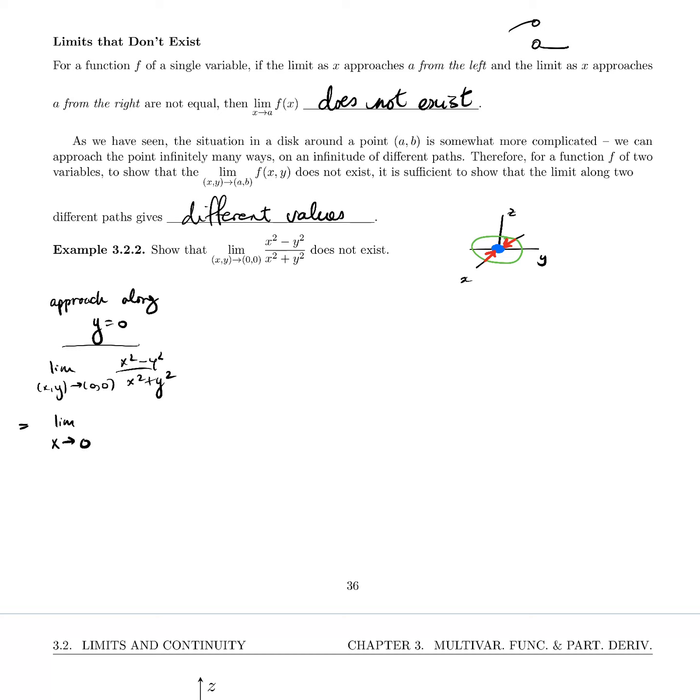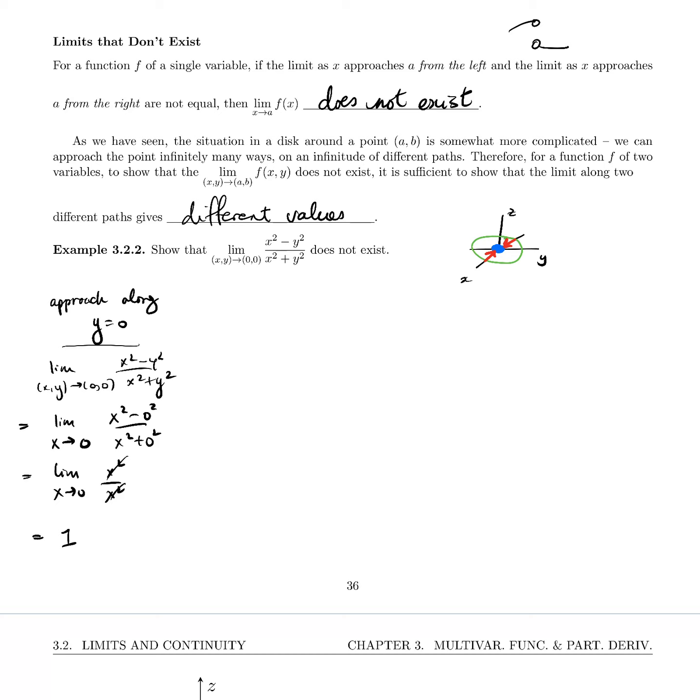So we're really looking at only when x approaches 0. When x approaches 0, if all the y values are 0, we get x squared minus 0 squared over x squared plus 0 squared, which is the limit as x goes to 0 of x squared over x squared. We can simplify. That gives us the limit as x goes to 0 of 1, which is just 1.